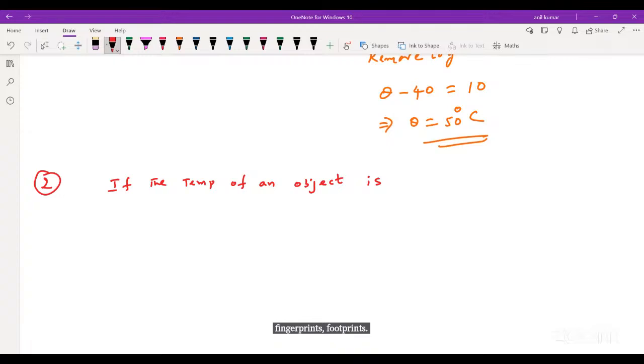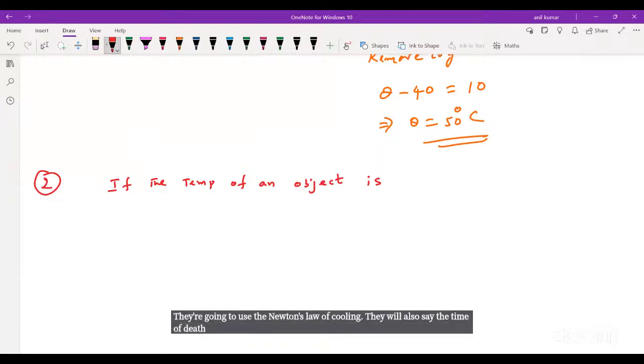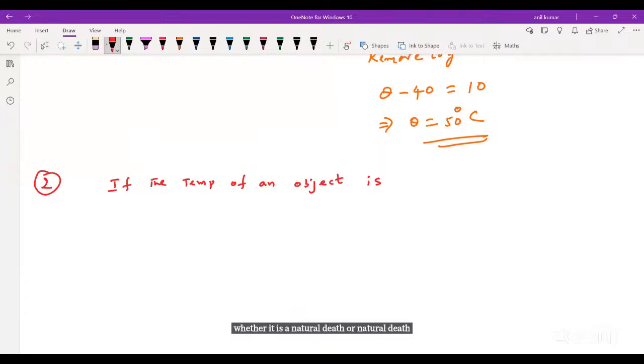At the same time, they also estimate the time of death, because when a human being dies, the temperature of the body reduces. Based on this, they use Newton's law of cooling to say the time of death, whether it is a natural death, a murder or a suicide. It is easy to estimate the time of death using Newton's law of cooling.